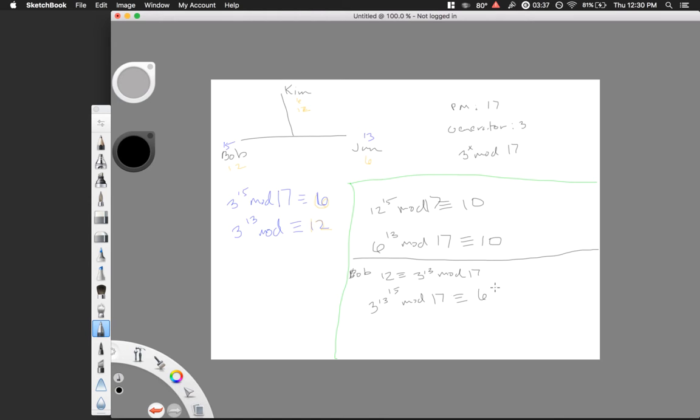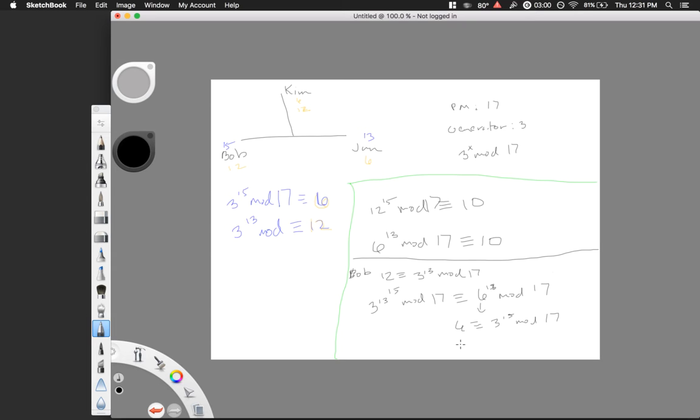Okay, and now I'm going to show you how it is the same as this, which is what Jan calculated. So Jan, this 6 that she used, that she received from Bob, was calculated like this, if you remember from the previous part.